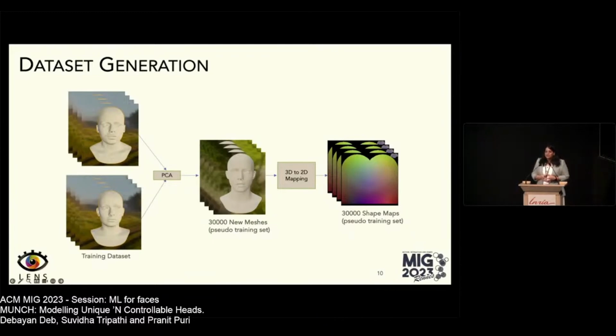For that purpose, we used the linear generative method of PCA to generate 30,000 new meshes from 104 meshes and used that as a pseudo training set, and then mapped these 3D generated heads to 2D shape maps. These shape maps will be further used to generate our texture maps, and then these texture maps will be further processed for color editing.